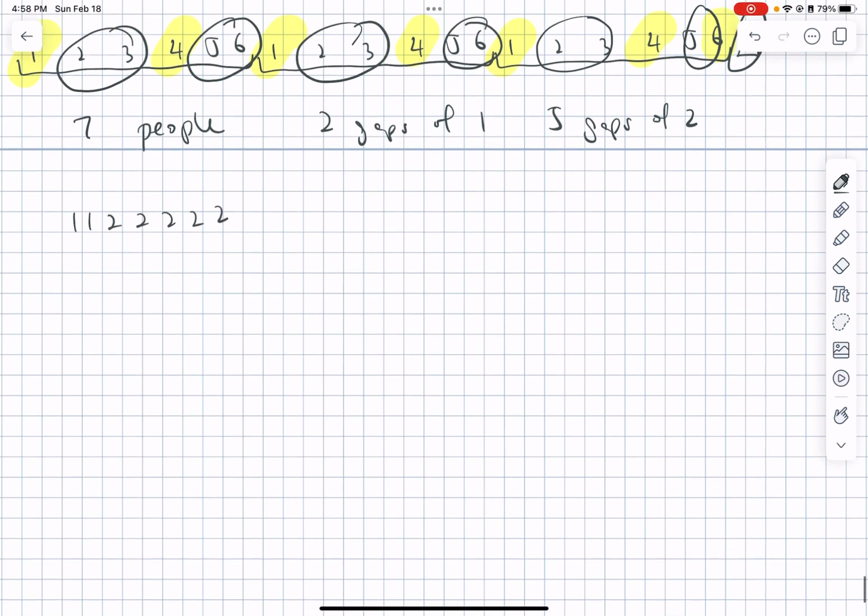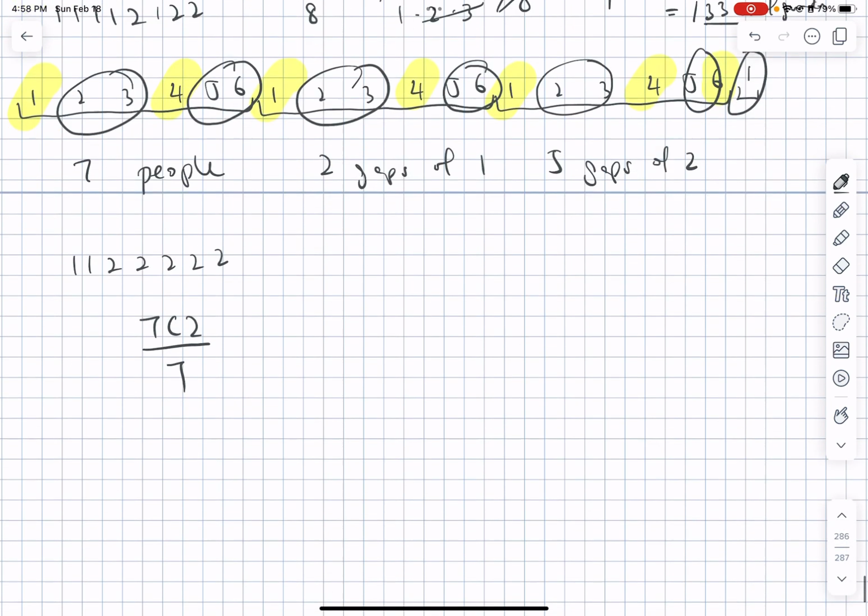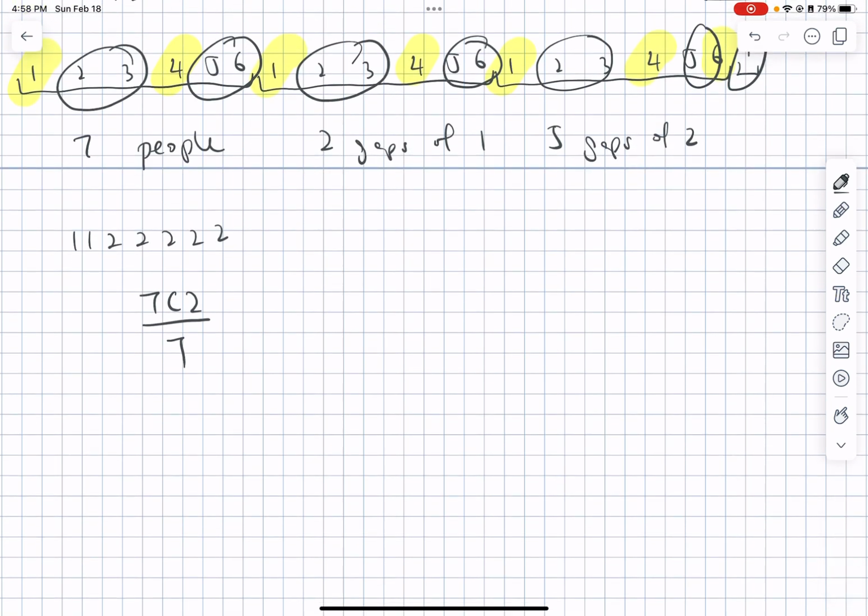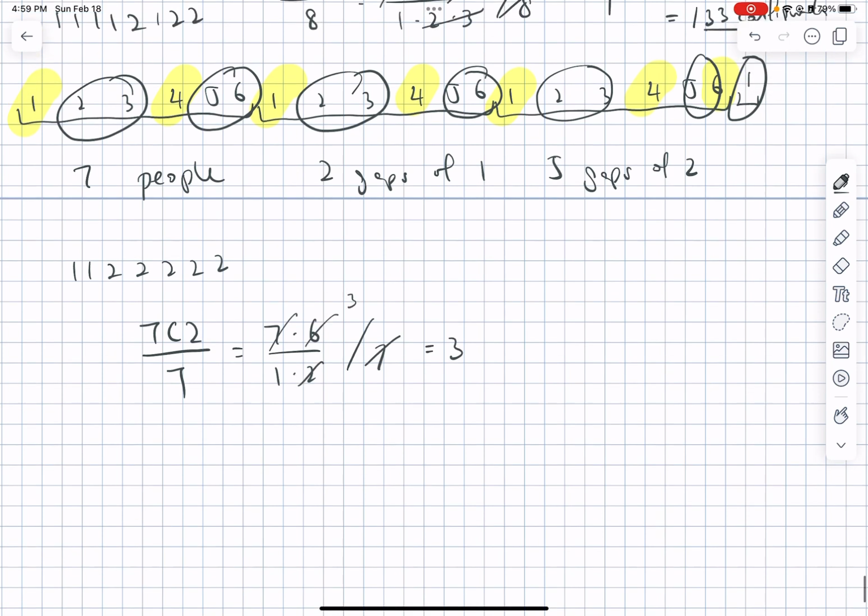So how many ways can we arrange this? Well, it's going to be 7 choose 2. Again, we have to divide by 7 because we can rotate each configuration around 7 times. So 7 choose 2 divided by 7 is going to be 7 times 6, 1 times 2, divided by 7. So this is going to equal 3.